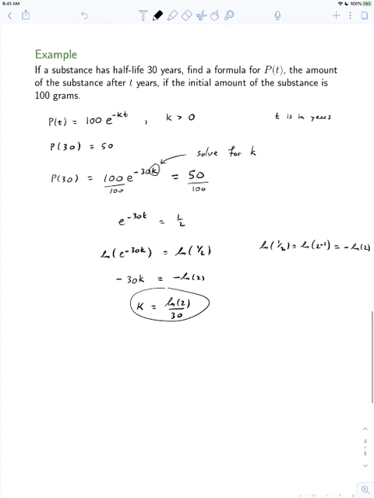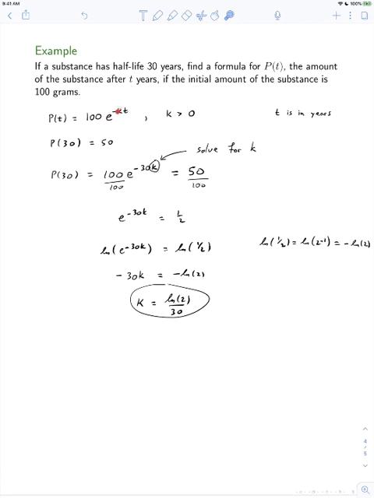What we want is the formula, so you just plug that back into where that k is. So let's do that. P of t is equal to 100 e to the minus ln of 2 over 30 times t.